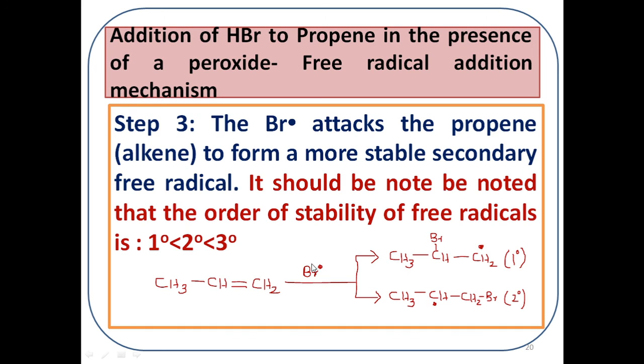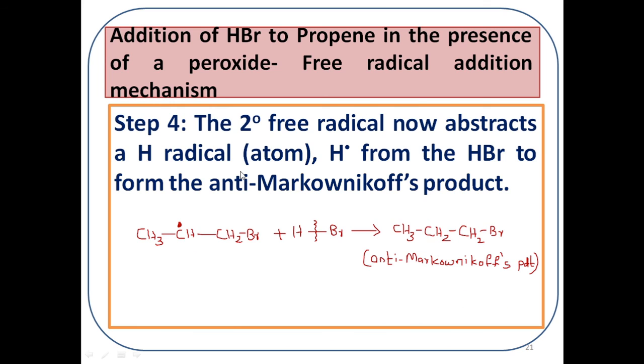So in the case of addition of a bromine free radical to propene, we will get a secondary free radical, and therefore the reaction proceeds with this secondary free radical because it is more stable. And in the fourth step, the secondary free radical abstracts a hydrogen radical from HBr to give the anti-Markovnikov's product.